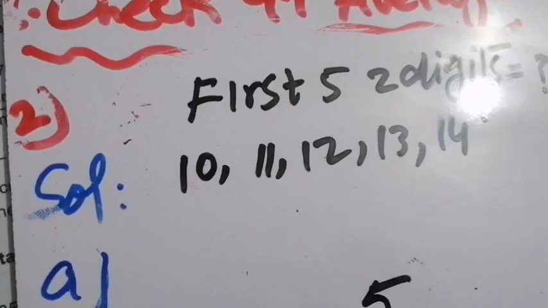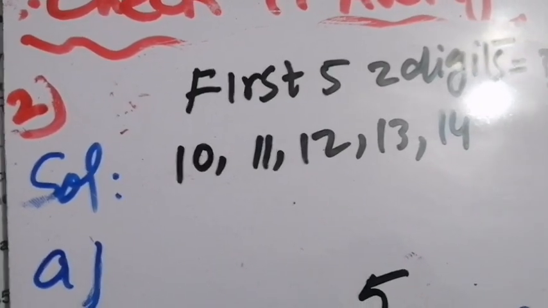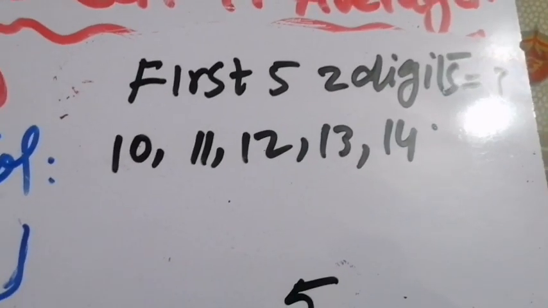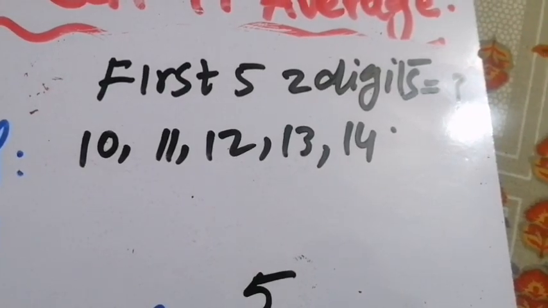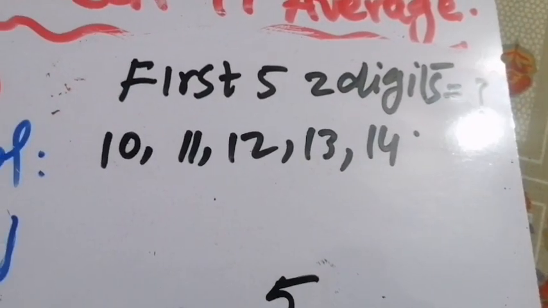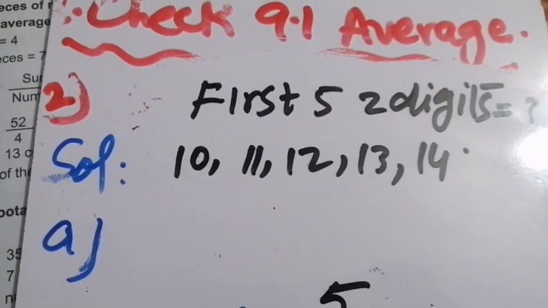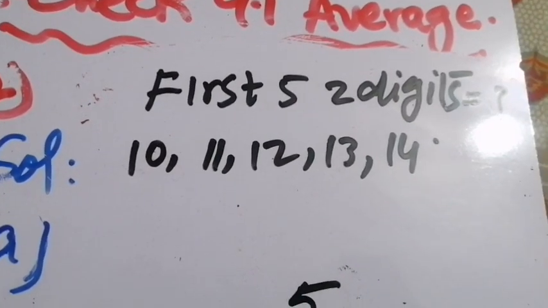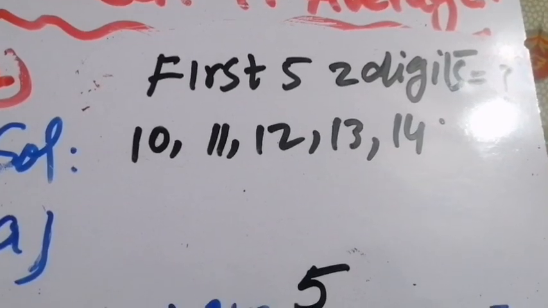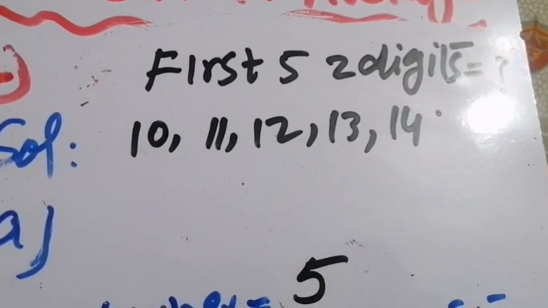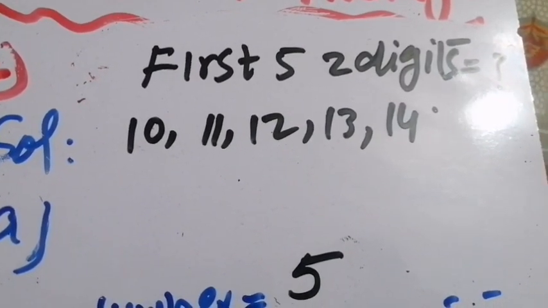Now question number 2, part A. It says to find the average of the first 5 two-digit numbers, the first 5 numbers which have 2 digits. So the first 5 numbers are 10, 11, 12, 13, and 14.